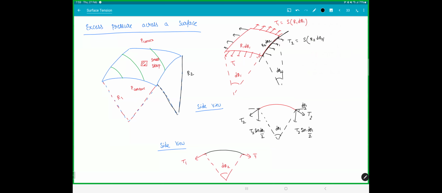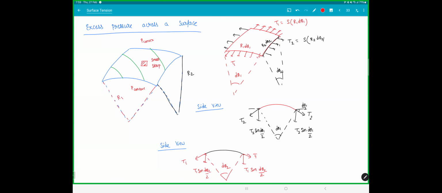The black ones are being pulled tangentially by the red ones. Then if you take the components, same story. This will be T1 sine d theta 2 by 2. This will be sine d theta 2 by 2.